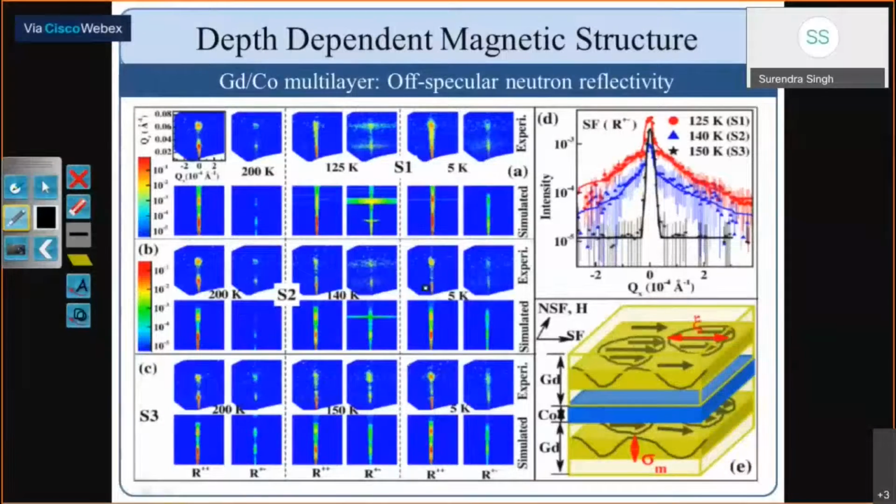This middle row is for S2 at different temperatures, 200K, 140K, 5K, and this is for S3. You can see the simulated profile and the experimental profile, and they show different kinds of structure, which says what kind of magnetic information we get from this system, and it is quite different for these three samples.